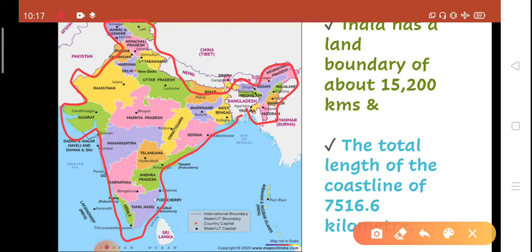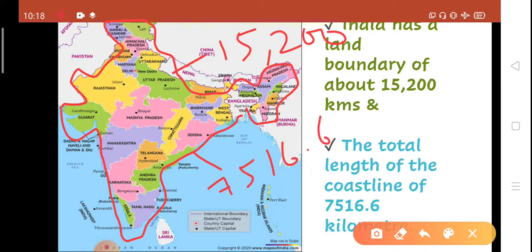Whereas when we talk about the Indian coastline, it is the boundary of India that has been surrounded by waters. So the above boundary is the Indian land boundary, which is 15,200 kilometers long, whereas the Indian coastline at the bottom covers 7,516.6 kilometers.